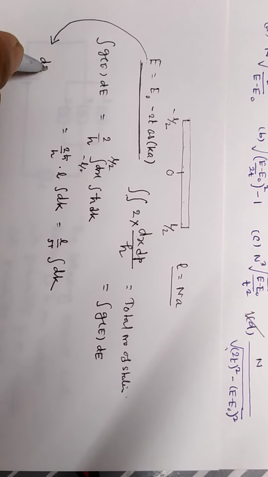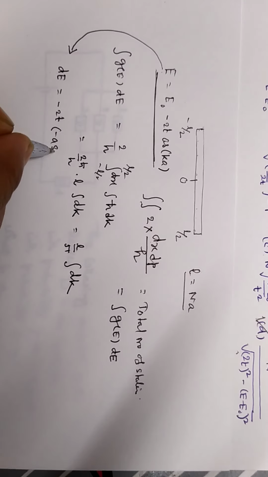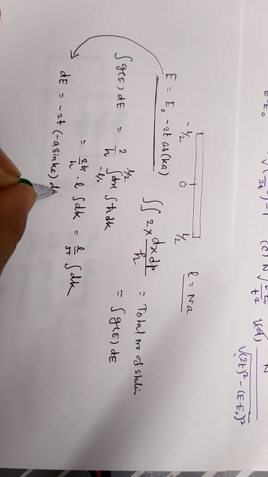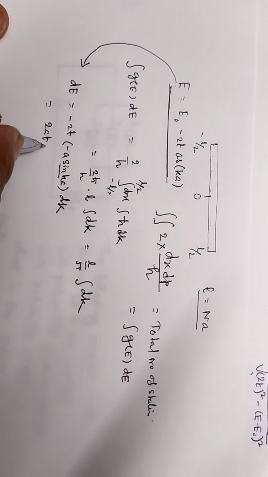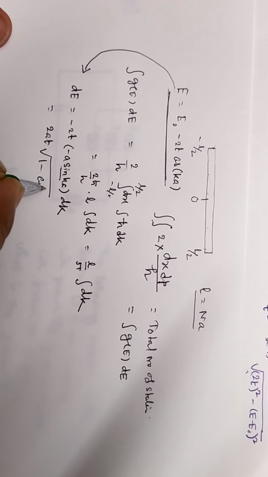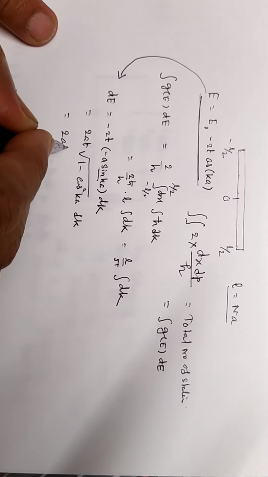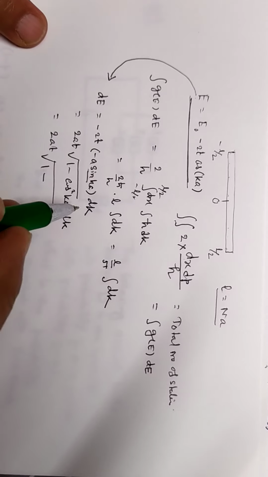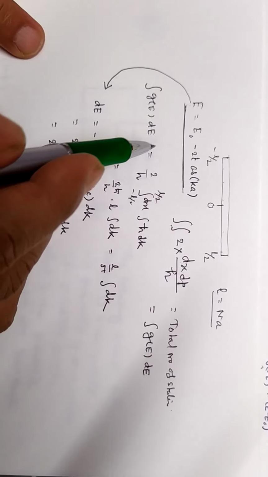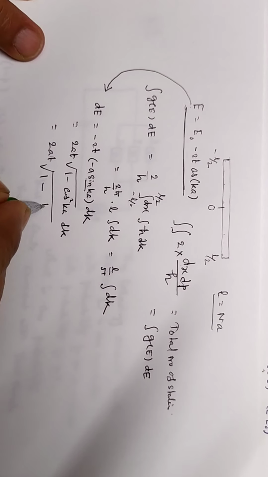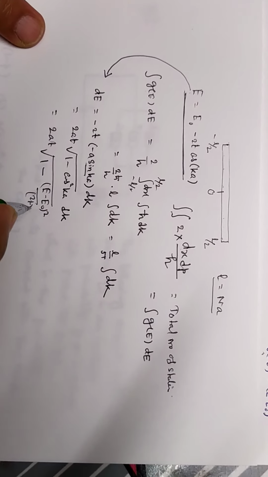Then dE equals minus twice t, then minus a sine of ka dk. This equals twice a t sine ka, which is nothing but square root of 1 minus cosine square ka, and then dk. And this equals twice a t square root of 1 minus, you know this cosine ka is nothing but E naught minus E by twice t, and therefore this is E minus E naught whole square by twice t square.